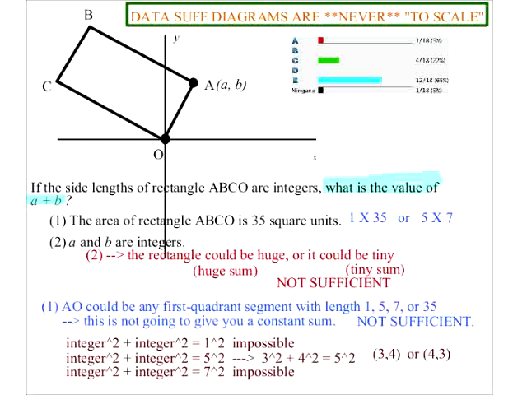And then if you've got integer squared plus integer squared equals 35 squared, 35 squared is a big number, but you can realize it's the same Pythagorean triple as this, just times 7. Instead of 3, 4, 5, it's going to be 21, 28, 35.